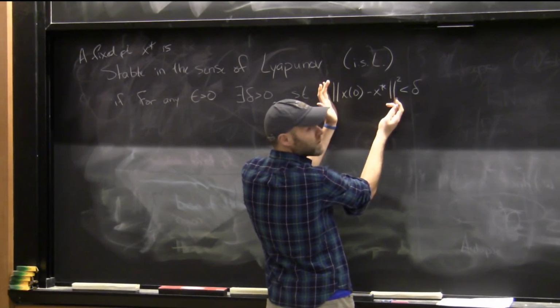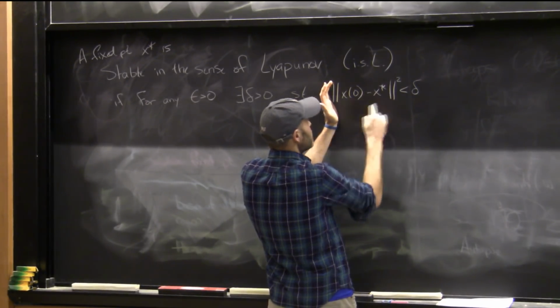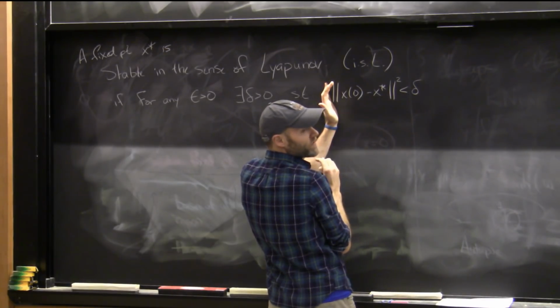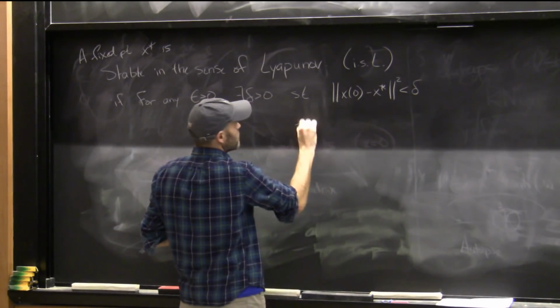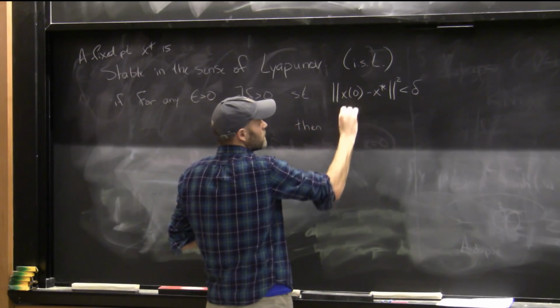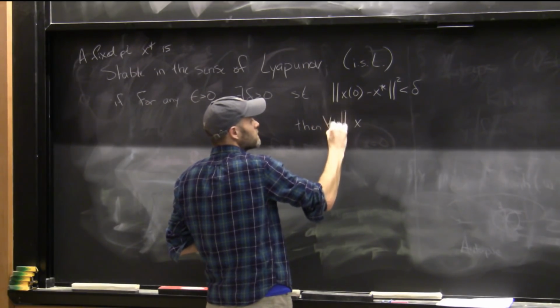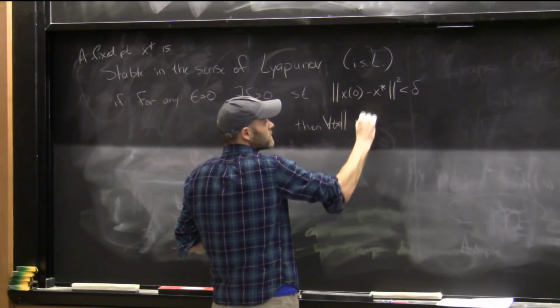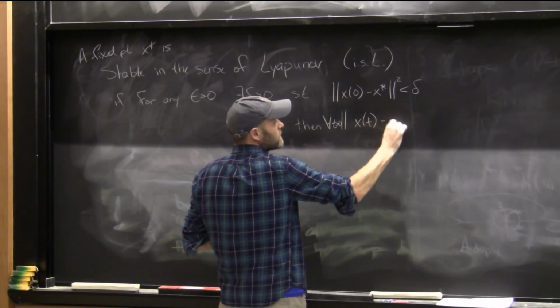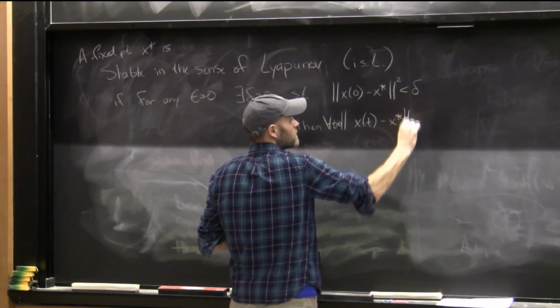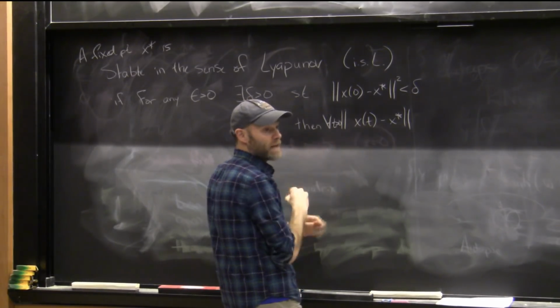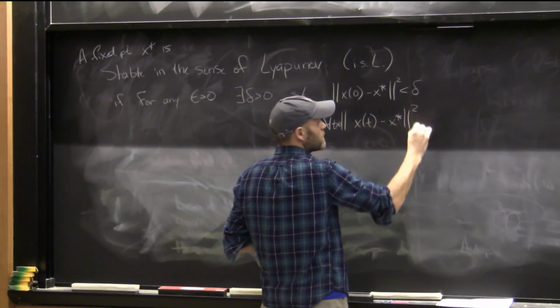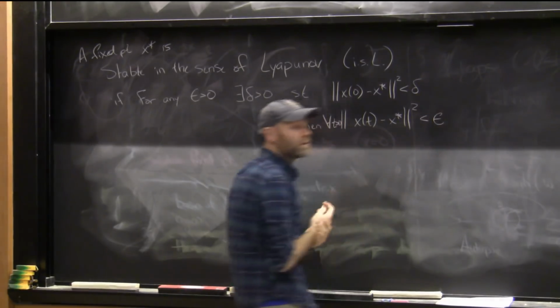So this is a ball of points that are all less than delta away from the fixed point. Then for all t greater than 0, x of t minus x star, the distance between x and the fixed point, stays less than epsilon.